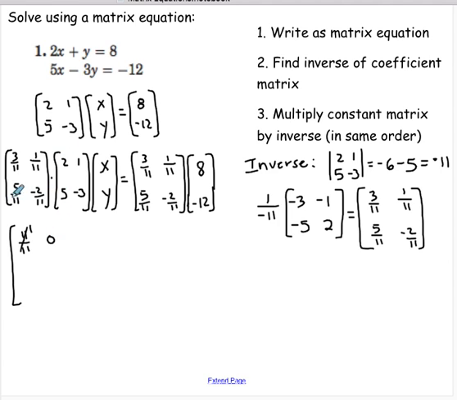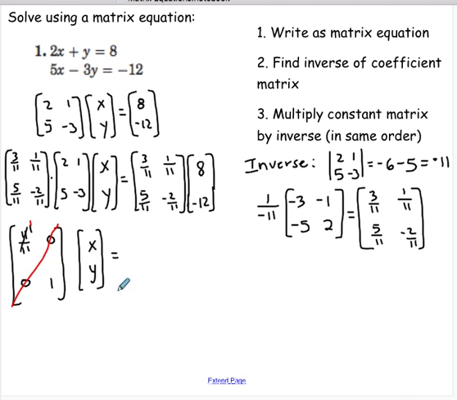Second row, first column is 10/11 minus 10/11, or 0. And second row, second column is 5/11 plus 6/11ths, which is 11/11ths, or 1. So that is indeed the identity matrix. It's always just good to double check that that's true. But that means that's basically the equivalent here of it being canceled out to just being 1, right?